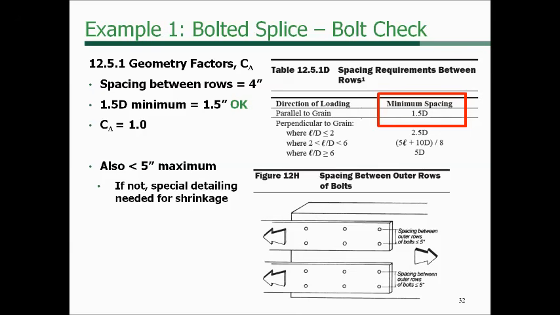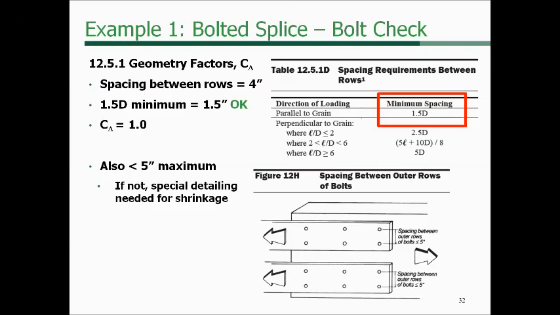And so what this 5-inch spacing does is it prevents you from getting into situations where you put additional tension perpendicular to grain stresses on the wood member, where you've got, say, steel side plates holding those bolts in one location, and the wood member starts to shrink down and try and pull those wood fibers apart. And so some of these dimensional limits here, like this one, are just meant to preclude you from getting into a bad situation where that could occur.